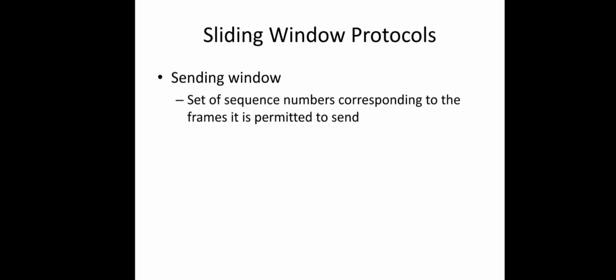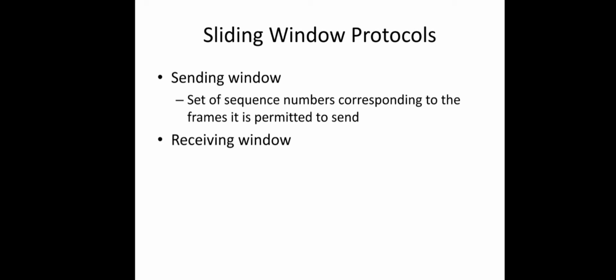Currently, which are the different frames I can send to the receiver? Such a set of sequence numbers will be on the sender side. That is called the sending window. This is to ensure that flow control and error control are there: which frames I should send now.